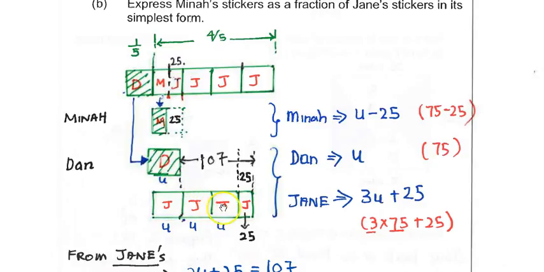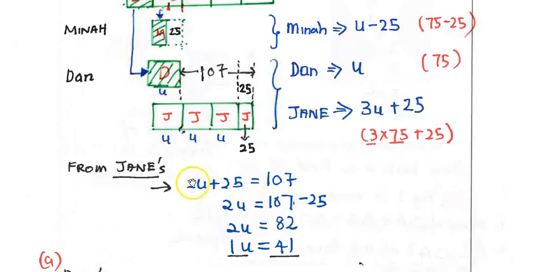Now this 107 consists of 25 and 2 units. Now you can verify 2 units. Now take a look. 2 units, 1, 2, plus 25, which is this one, gives you 107. You can see? This whole thing is 107. Now, take 107 minus 25 first.